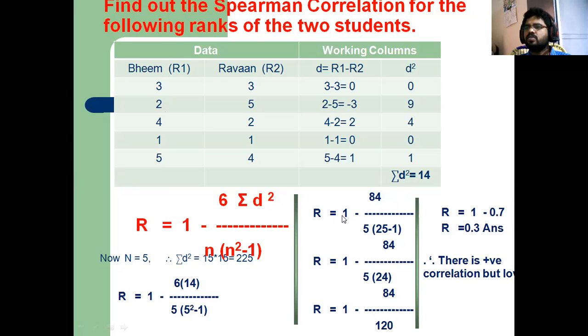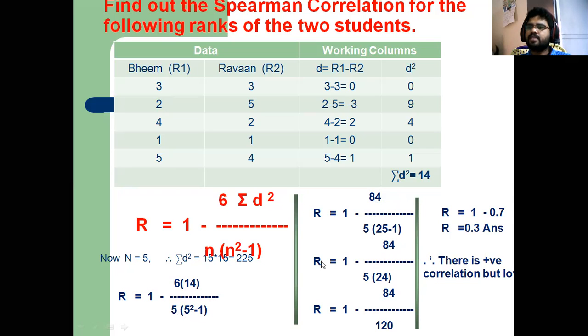Then here r is equal to 1 minus 6 into 14. 6 fours are 24, 4, and 6 into 1, 6 plus 2, 8. So 84 divided by 5 into 5 square minus 1. 5 square is nothing but 5 into 5, 25. So minus 1. So you can write 5 into 25 minus 1.